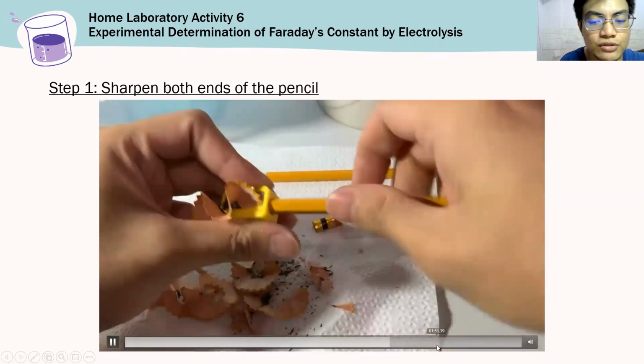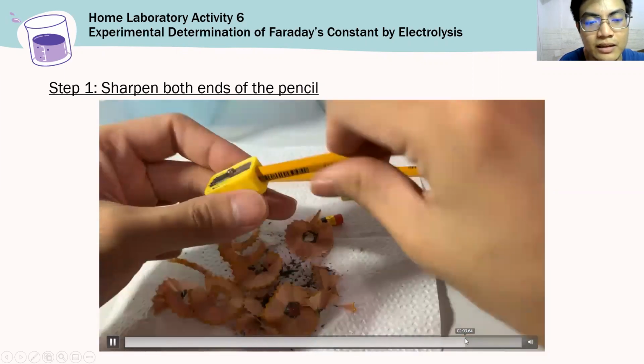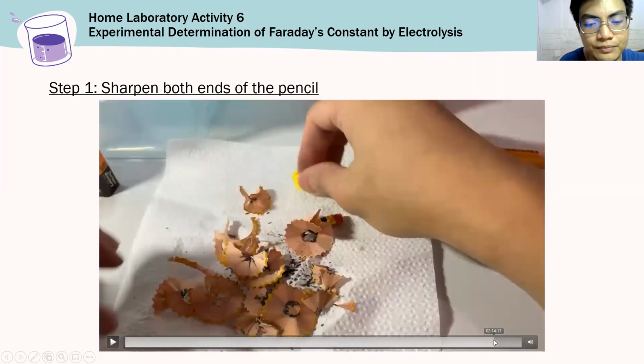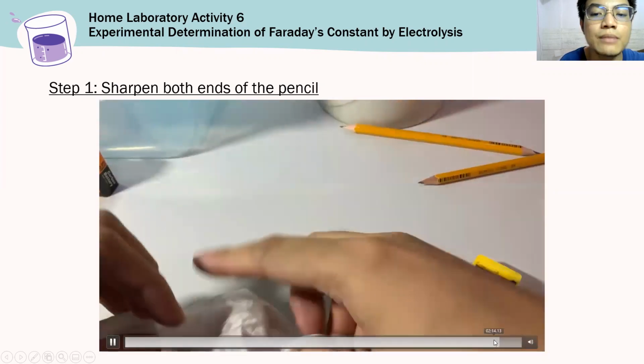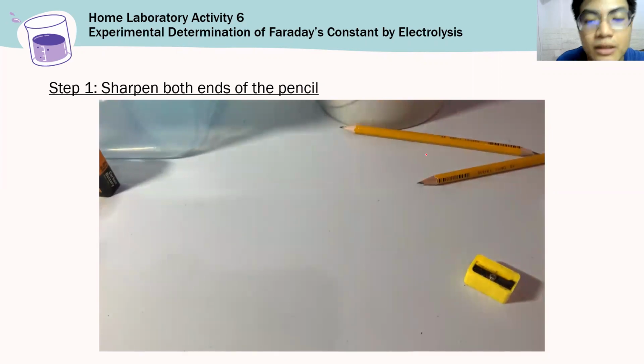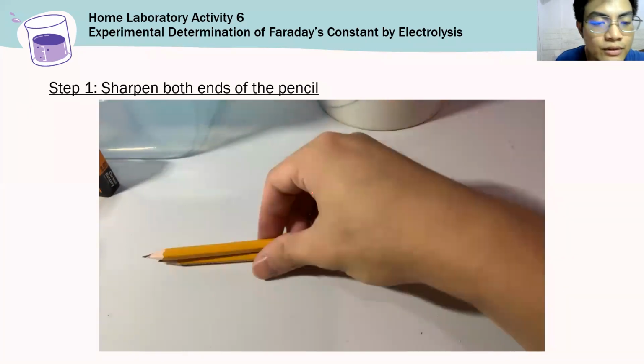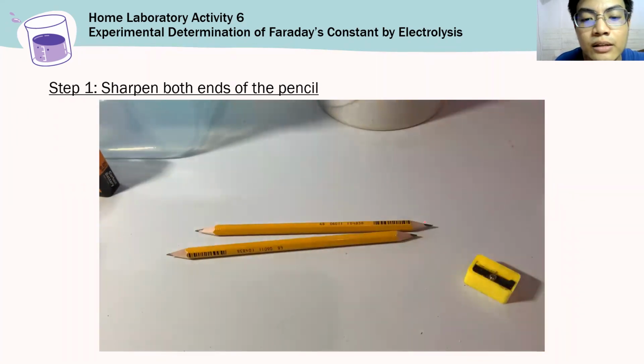It took me a while to sharpen them. Again, make sure that the sharpened pencils have a considerable length of carbon graphite exposed. The pencils will serve as your electrodes in the electrolysis setup.